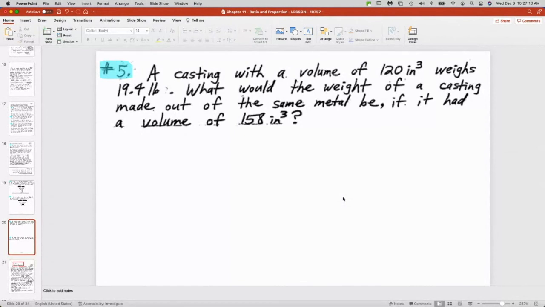So the first thing you want to make sure is that you have a general sense about the final answer. The new volume is greater than the old volume. So that means that we would expect the final answer here to be greater than 19.4 pounds. And that's generally speaking the idea here.